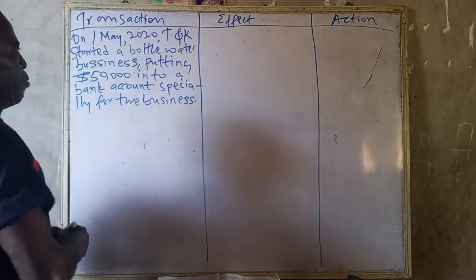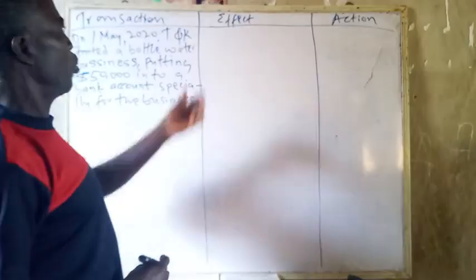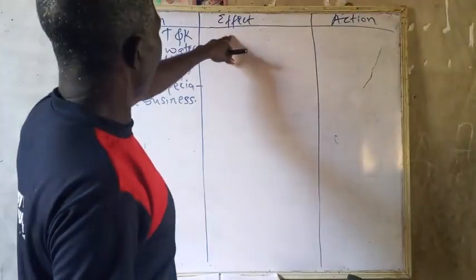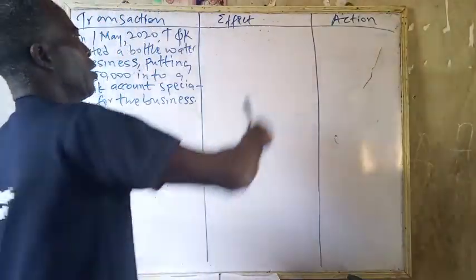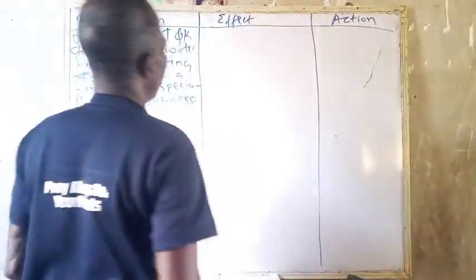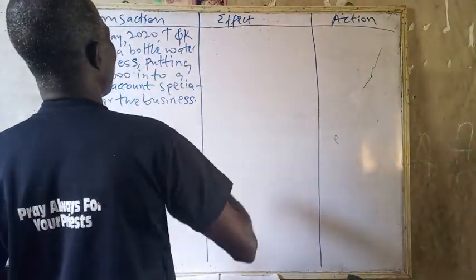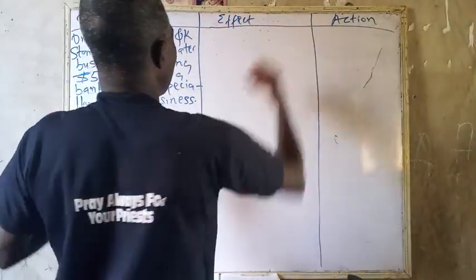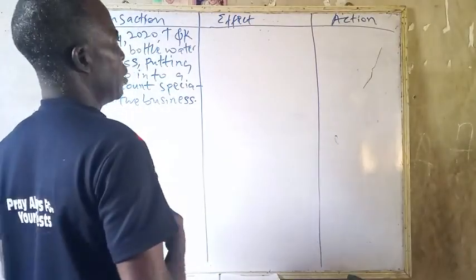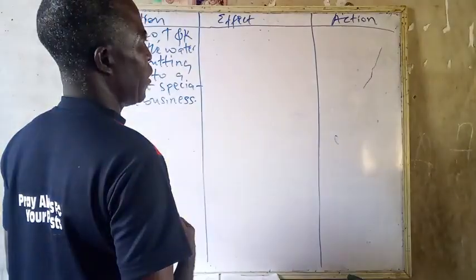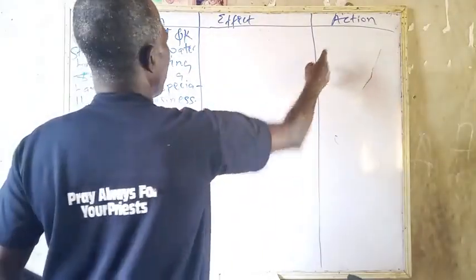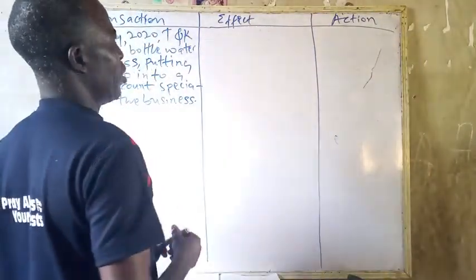So, to analyze the effect and the actions to take, I will start with the debit side of the action, followed by what? By the credit side of the action.